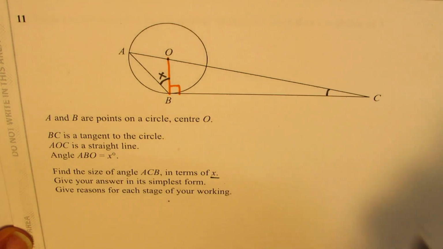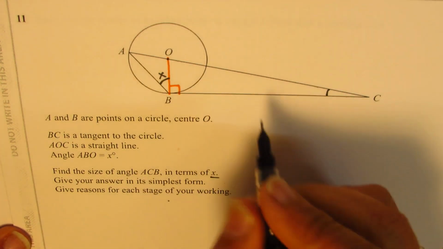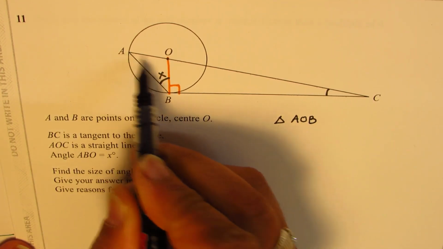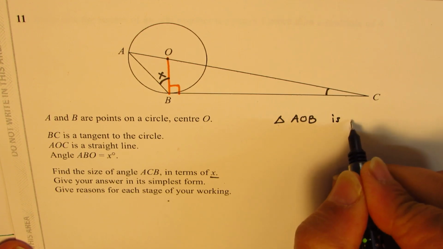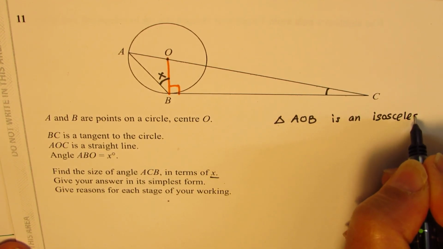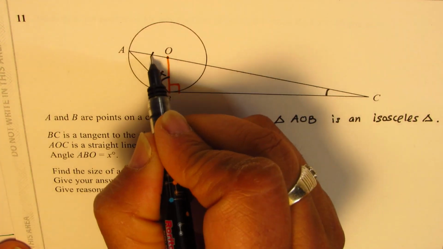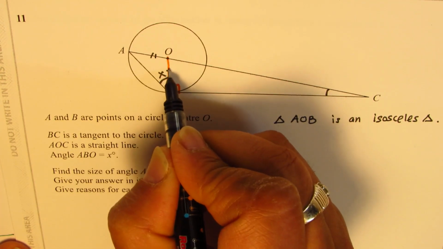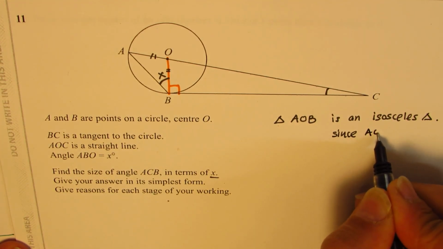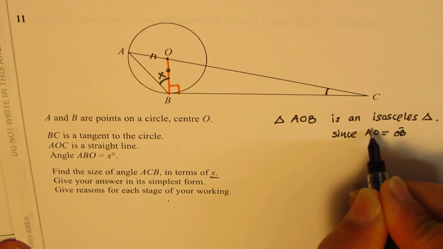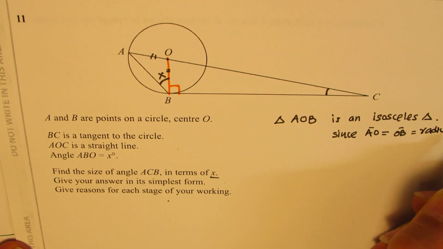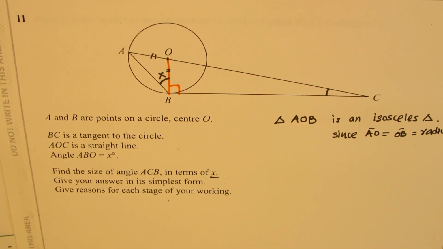Okay. Now, so let's look into the triangle AOB. So triangle AOB is an isosceles triangle. Clear? Since we have radius, since AO equals OB and both are equal to the radius, so we have isosceles triangle, correct?